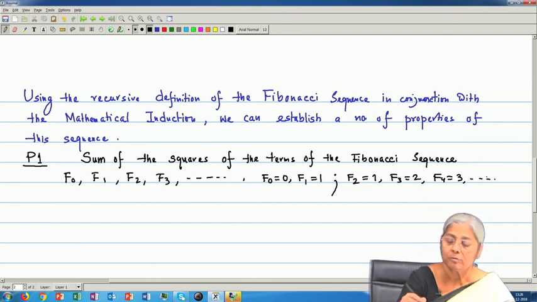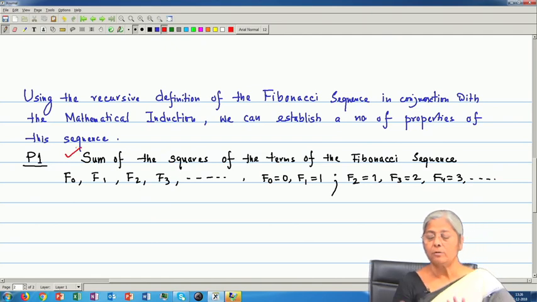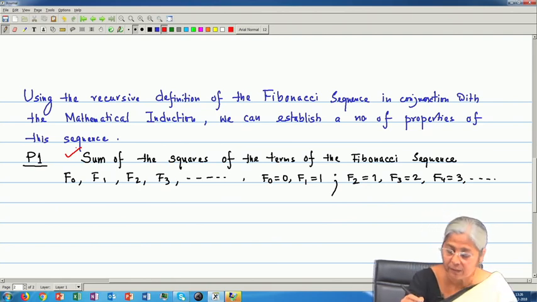Now, we want to see what is the value of the sum of the squares of the terms of the Fibonacci sequence.